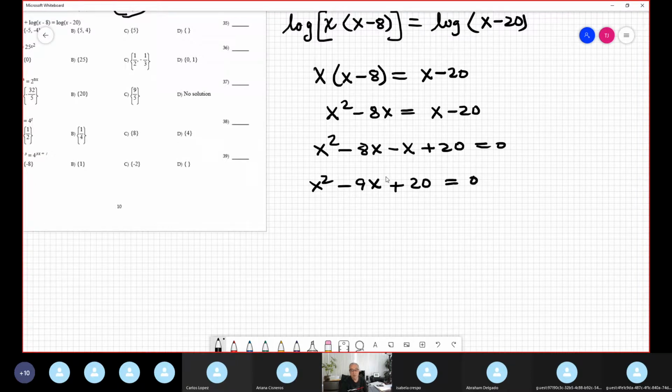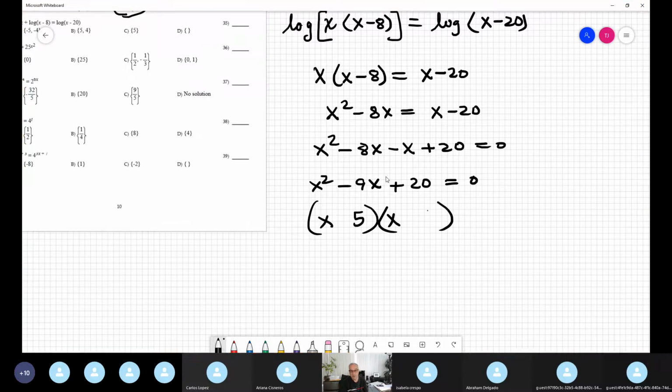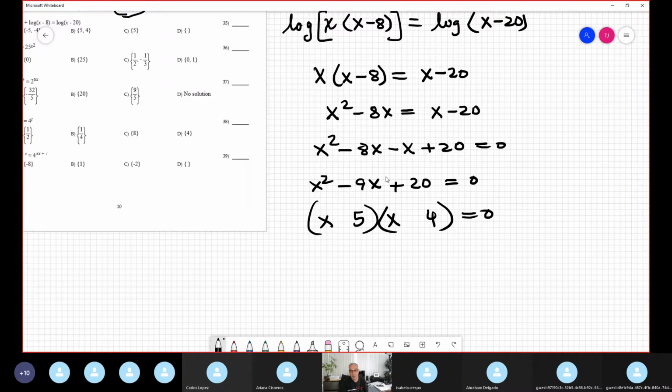Oh, it's easy because the combination is 5 and 4. 5 times 4 is 20, 5 plus 4 is 9. And by factorization it's easy. 5 and 4, and negative both. Negative times negative is positive, and negative plus negative is negative. The solution is 5 and the solution is 4.